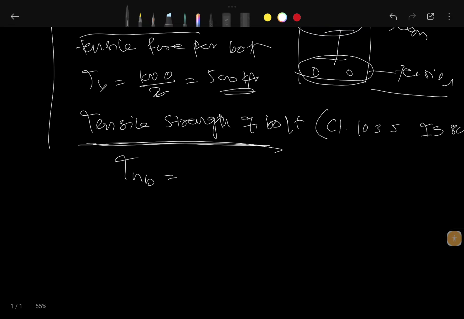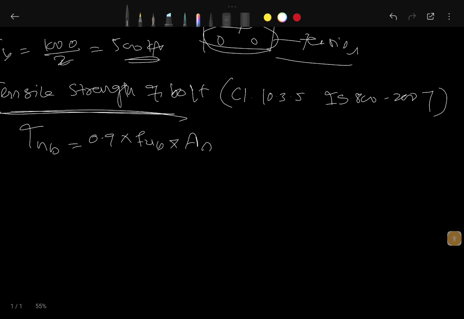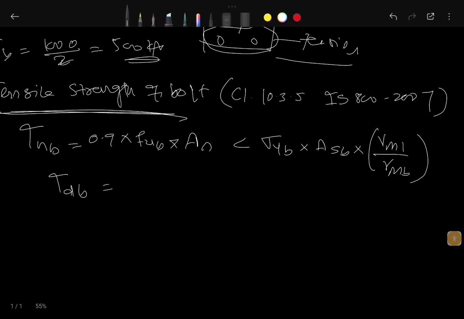T_nb is equal to 0.9 f_ub A_n, which should be less than f_yb A_sb γ_m1 divided by γ_mb. So generally, the formula for T_db is equal to 0.9 f_ub A_n divided by γ_mb.